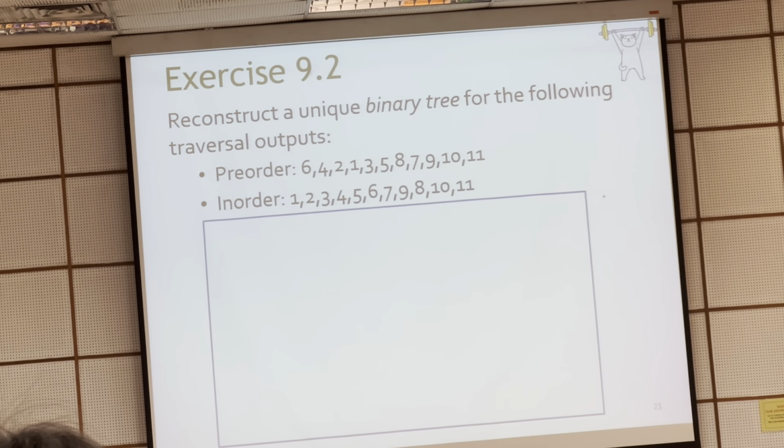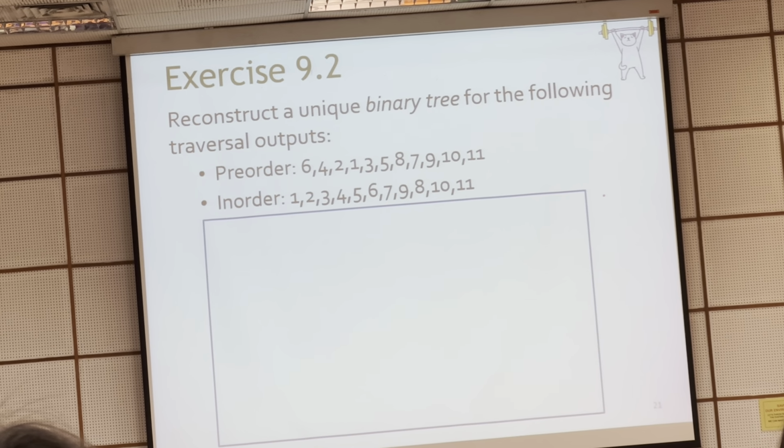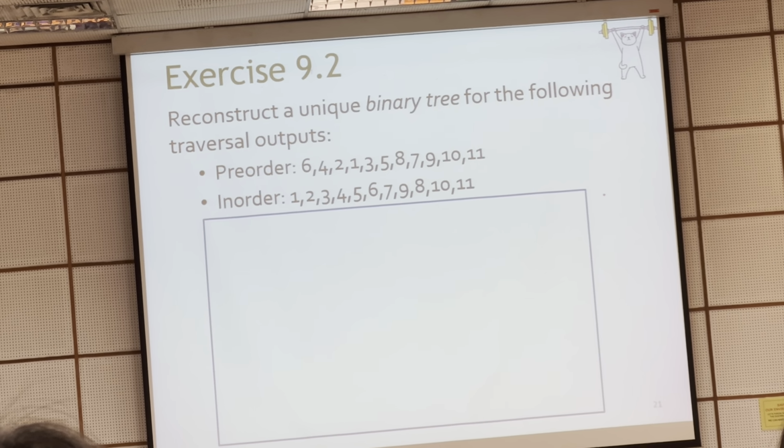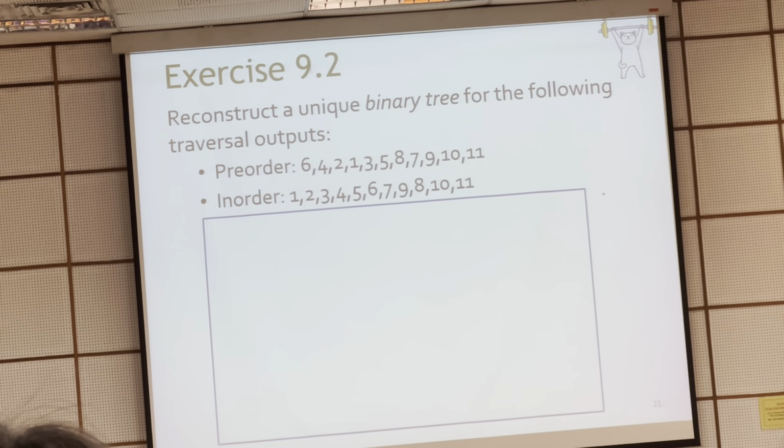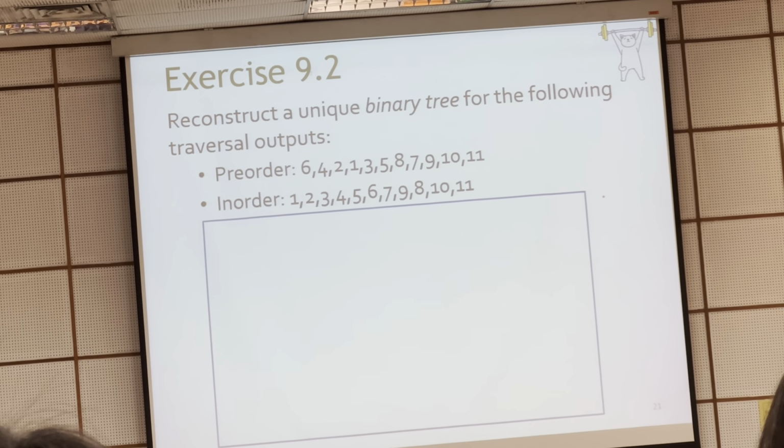Alright? Now, we have to take a look at the traversal rules. On your traversal rules, you already know where your root is. On pre-order, the root is in the beginning. On in-order, it is in between. Post-order, it is at the end.